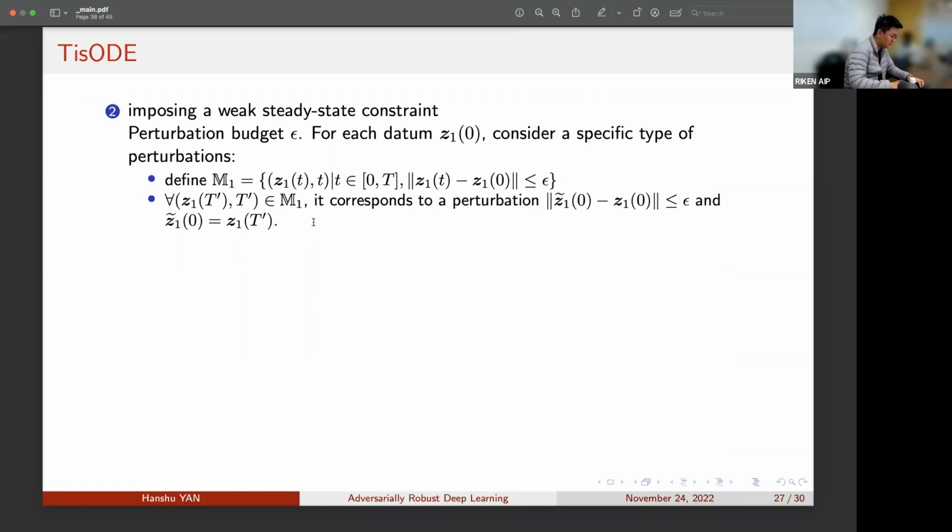So from time 0 to T, we evaluate the state of z1 and check whether the distance between z1 at t and the original z0 is smaller than epsilon. This is the perturbation budget. So if the distance between the current state and the initial state is smaller than epsilon, then we collect it and put it in the set M1.